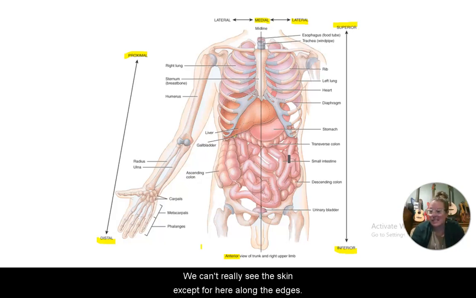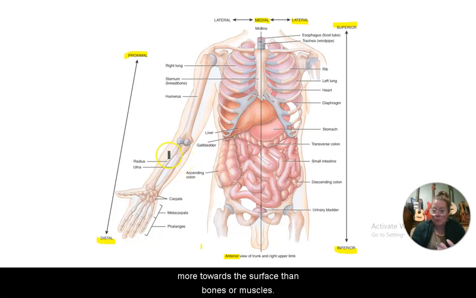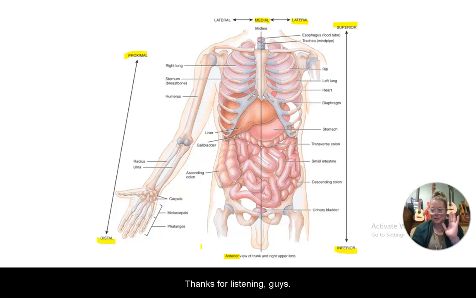We can't really see the skin except for here along the edges. So we would say that skin is superficial, more towards the surface than bones or muscles. And then we could flip that statement around and say that the bones are deep compared to the skin. So I hope that makes some sense as we talk about the directional terms. Thanks for listening, guys.